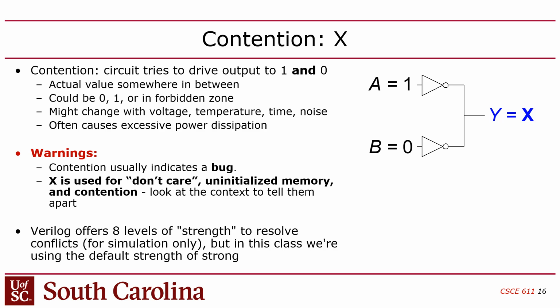The voltage of that wire will be about halfway in the middle, about 1 volt, which, when sent as input to another gate, it doesn't know how to interpret. That's called the forbidden zone, right? You don't want voltages in between ground and VDD.